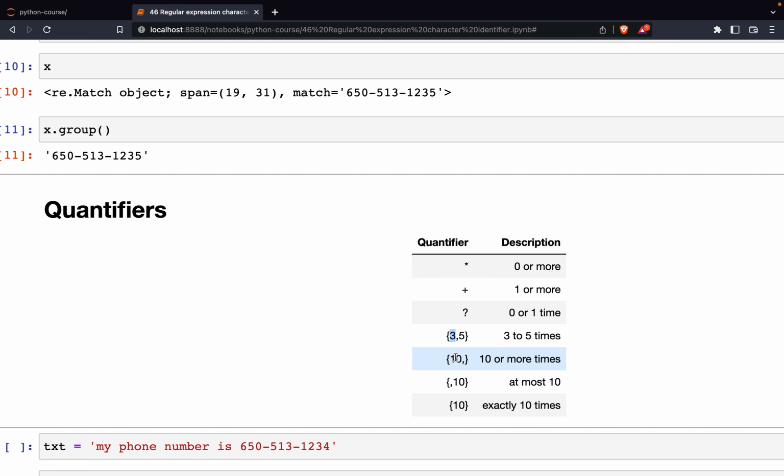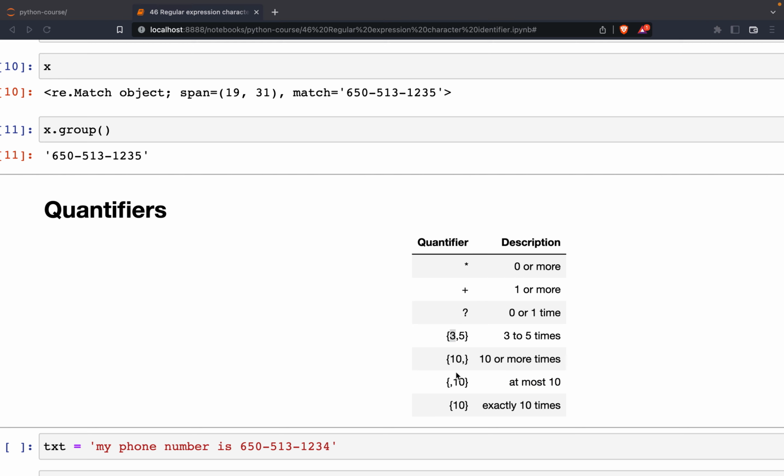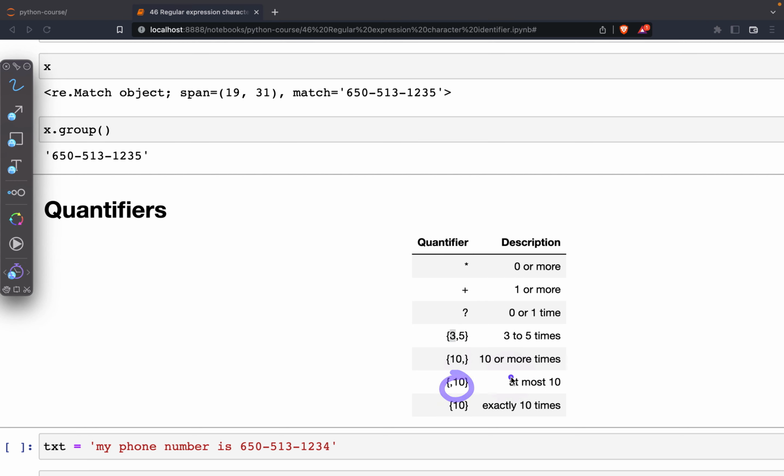If you just have 10 at the left side, which means this should be 10 or more times. And if the left side is empty and the right side is 10, then this is at most 10 times. But if there is only one number, then this means exactly 10 times.